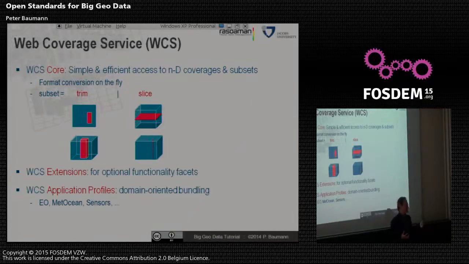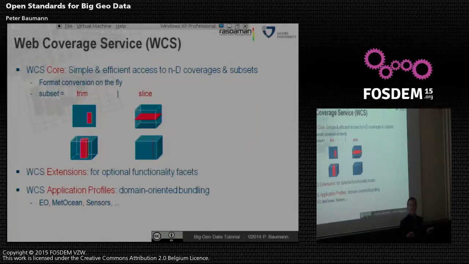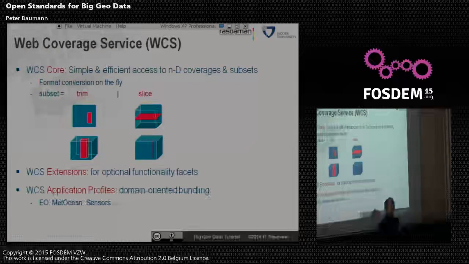In the old WCS 1.x specification, I counted, and incidentally I found 63 if statements there, normative if statements. So 2 to the 63rd power is the implementation alternatives you have. Good luck. What we do now is we have no ifs in one specification, but we have a bundle of specifications that you can plug together. Much better to oversee.